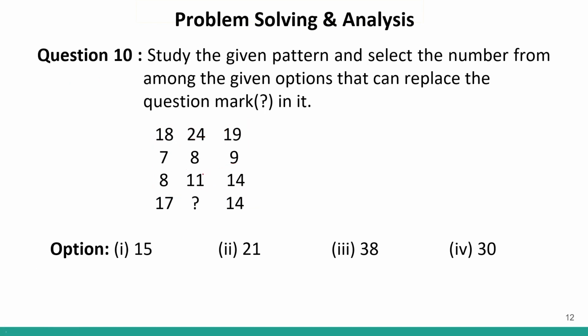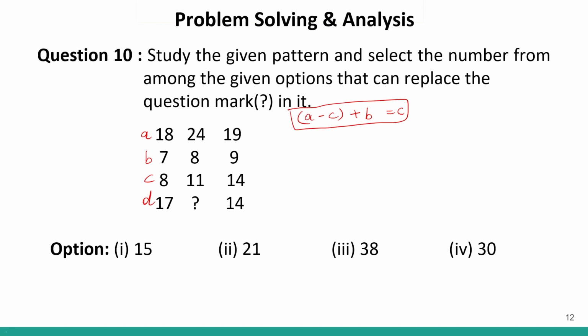Okay. So, maybe I'll tell you the logic now. Let me give them names A, B, C, D. If I subtract C from A, and then I add B to it, I will get my D. This is the logic that is being used in this question.